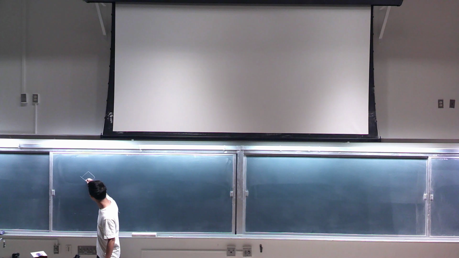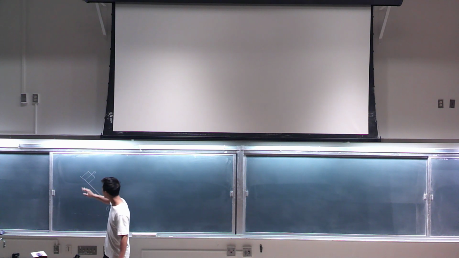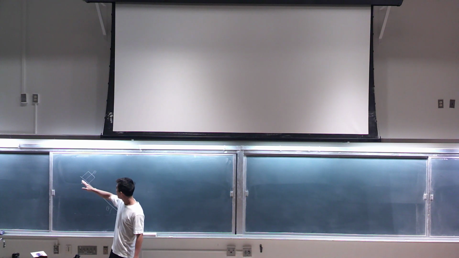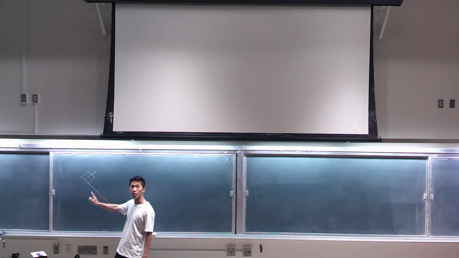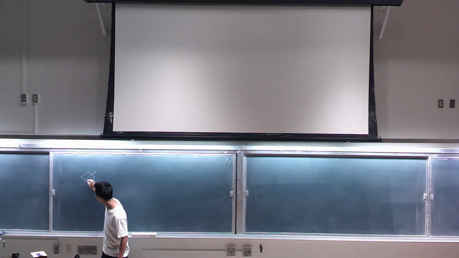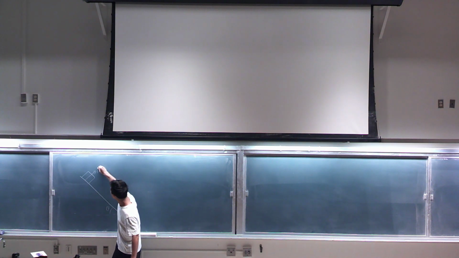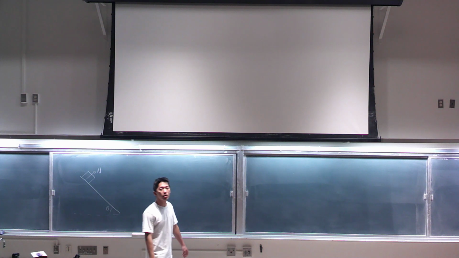Normal force is the normal component of the force between two surfaces. We define it to be the normal component, so it's always normal to the surface. In this case, the surface is tilted, so it's not going straight up, but normal to the surface. Good. Any other force acting on this system?